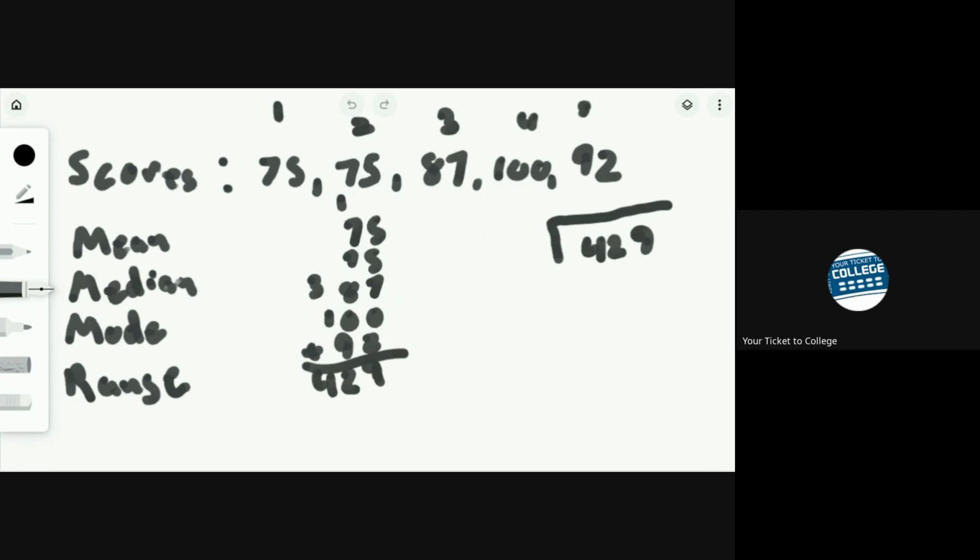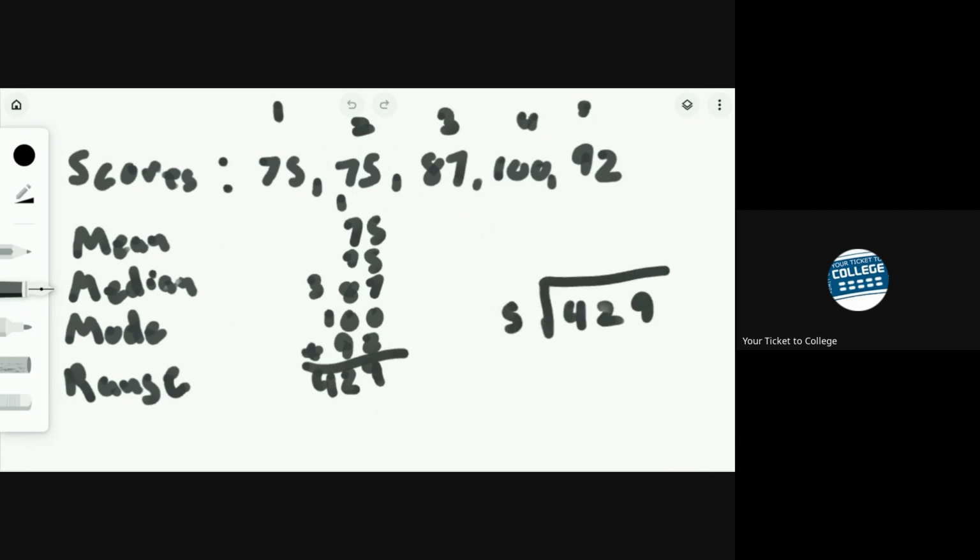So let me move this down a little bit. 429, and we're going to divide it by 5 because we have 5 numbers in our list. So 5 goes into 42 8 times, so minus 40.